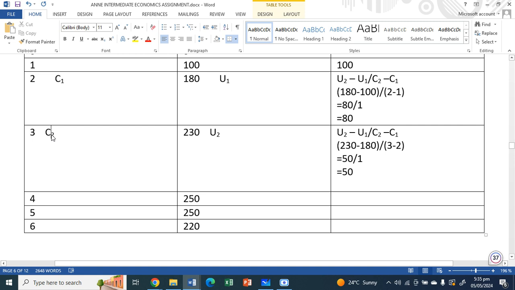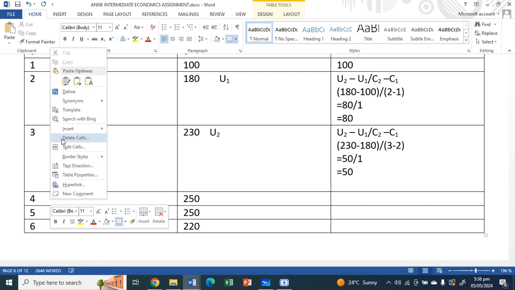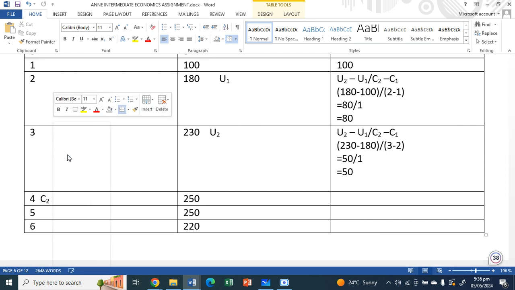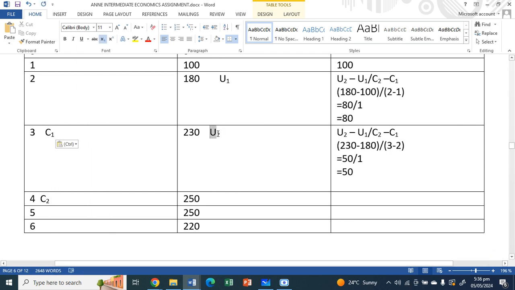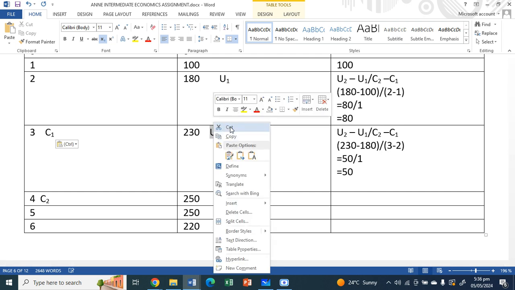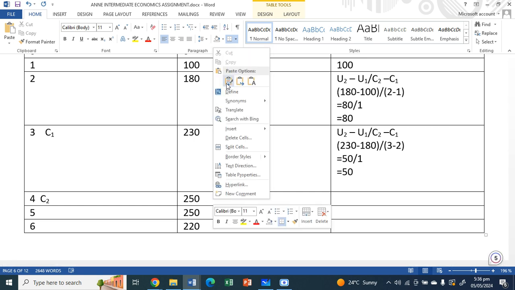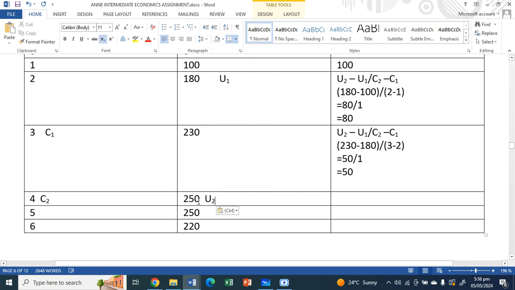So C2 becomes 4 and C1 is 3. And then our new utility is 250 units.